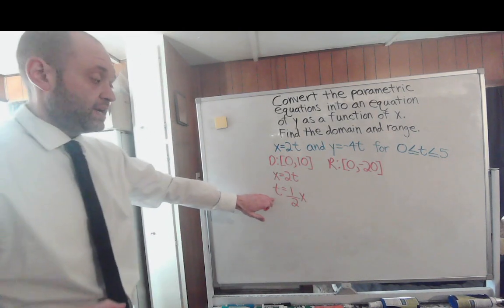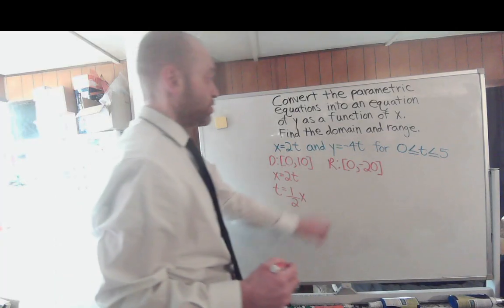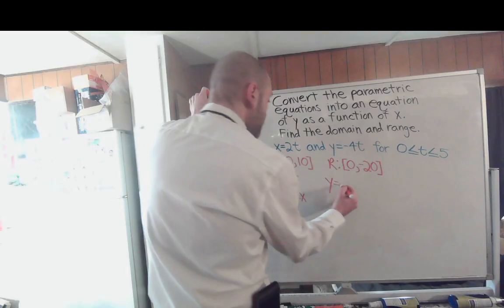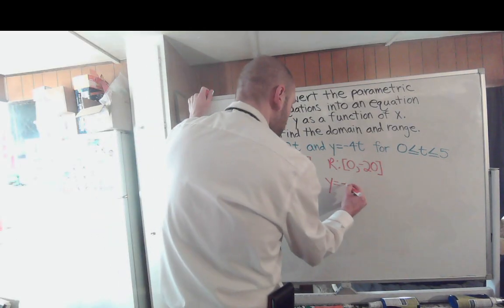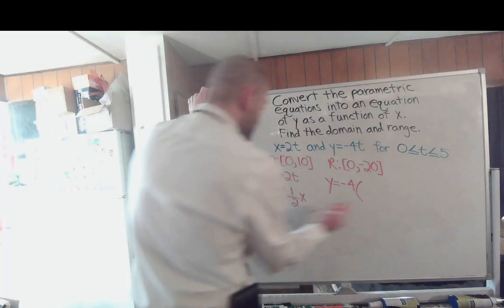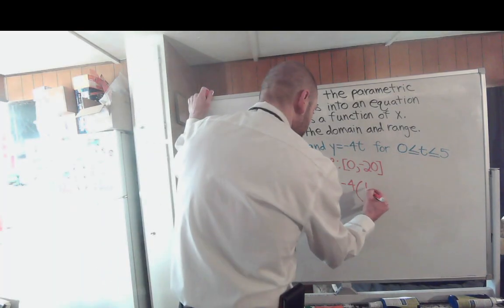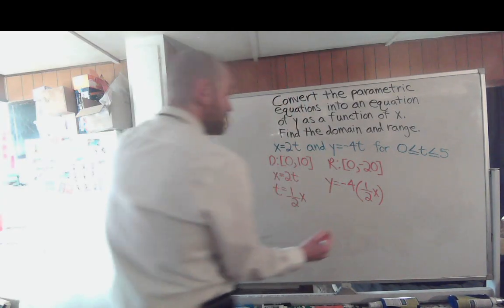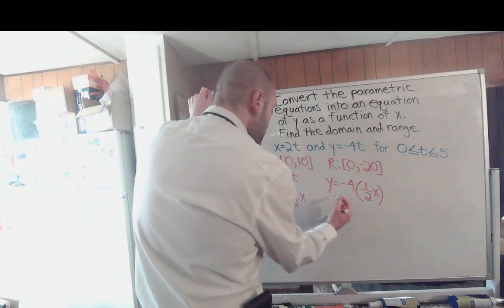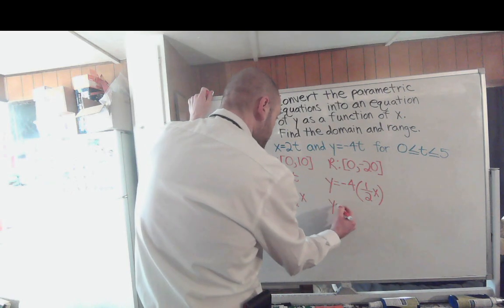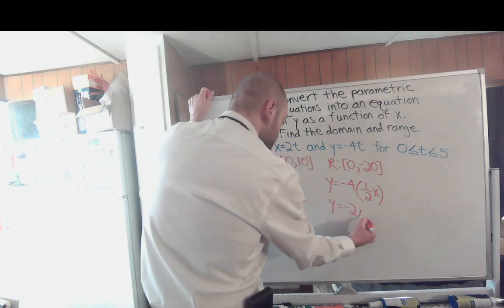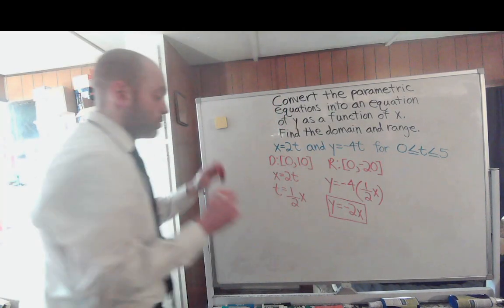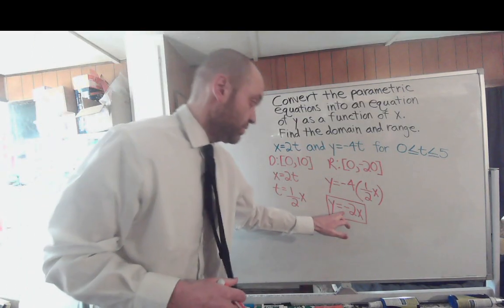So then you'll come to your y, where y equals negative 4t, so you'll take y equals negative 4 times that value of t, which was 1/2 x, which would then mean that y would equal negative 2x. So that's what they're looking for. You get y equals negative 2x.